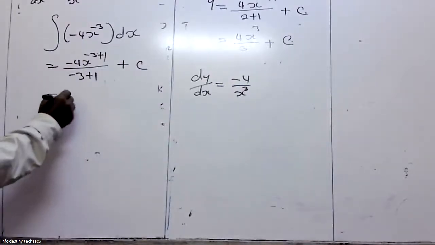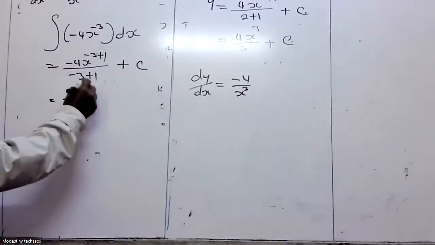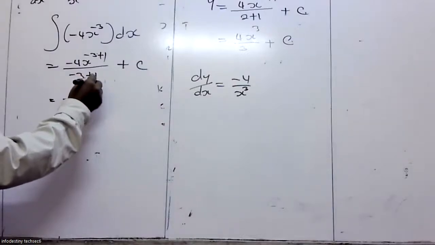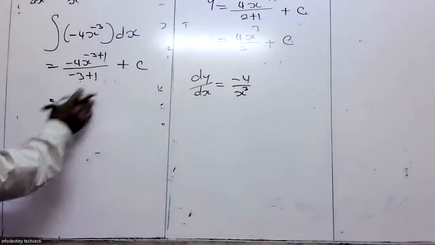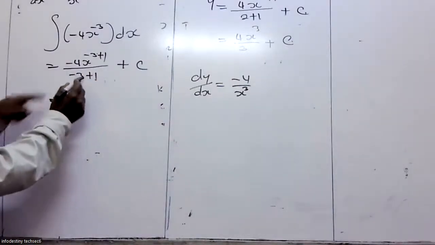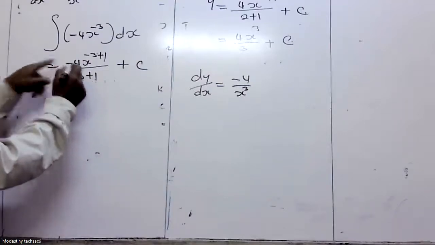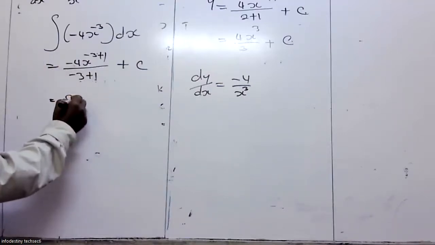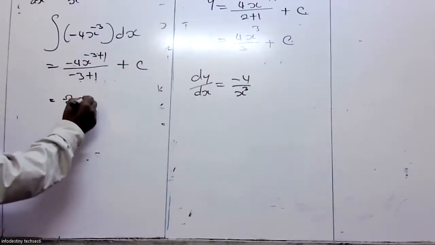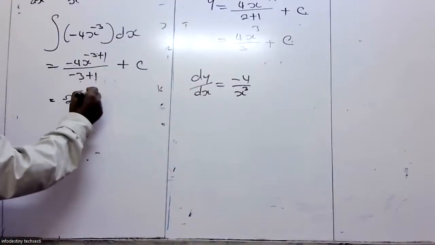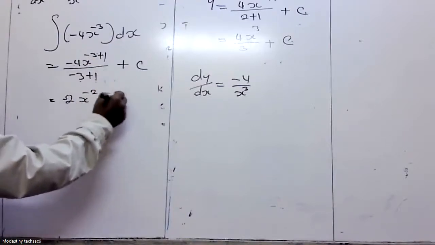So that's going to be -4 over -2. If this -2 and this -4, we remain with 2, because x is going to be raised to -2 plus C.